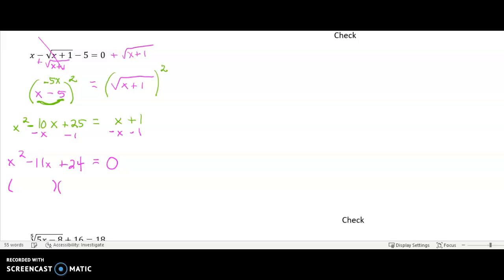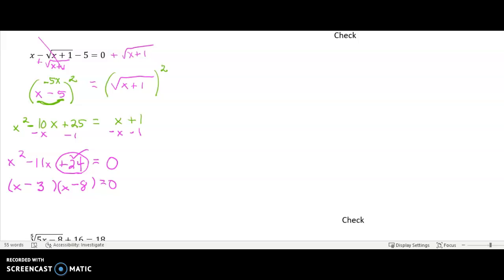I'll factor. When I factor, I get x times x, and two numbers that multiply together to give me a positive 24, which means my signs are the same. I'm going to use negative 3 times negative 8 gives me a positive 24.